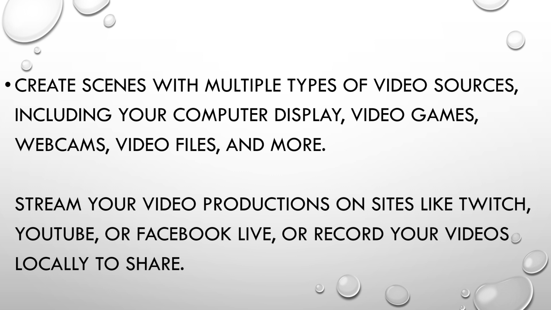You can also get from your webcam, from video games, and from your computer display. Provided you have two displays, you can capture one as your source, and you can stream your video production on sites like Twitch, YouTube, Facebook Live, or you can also record your own video locally to share.